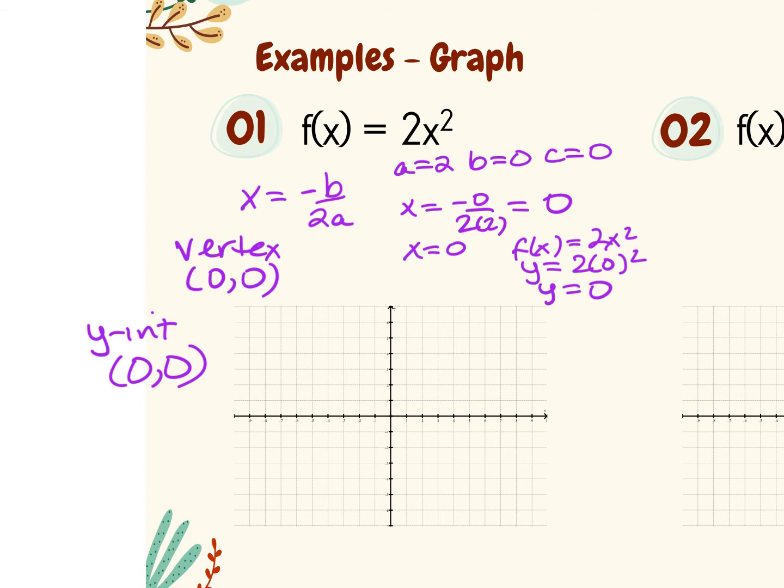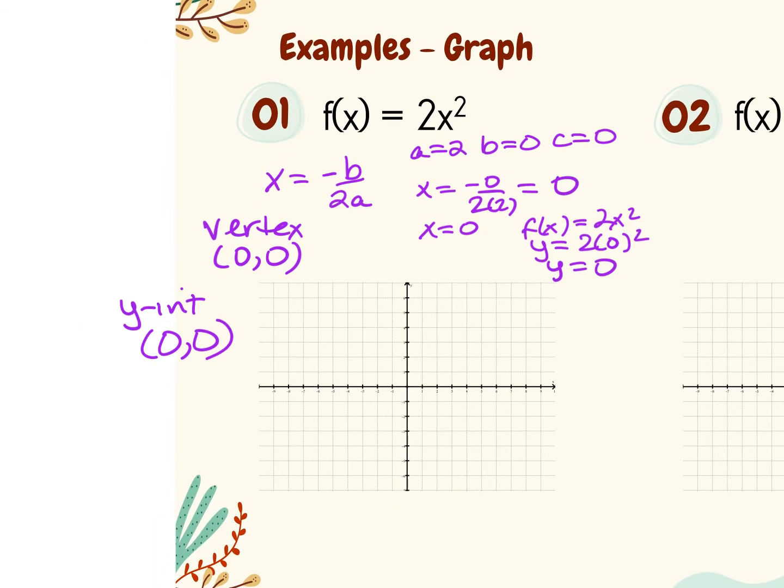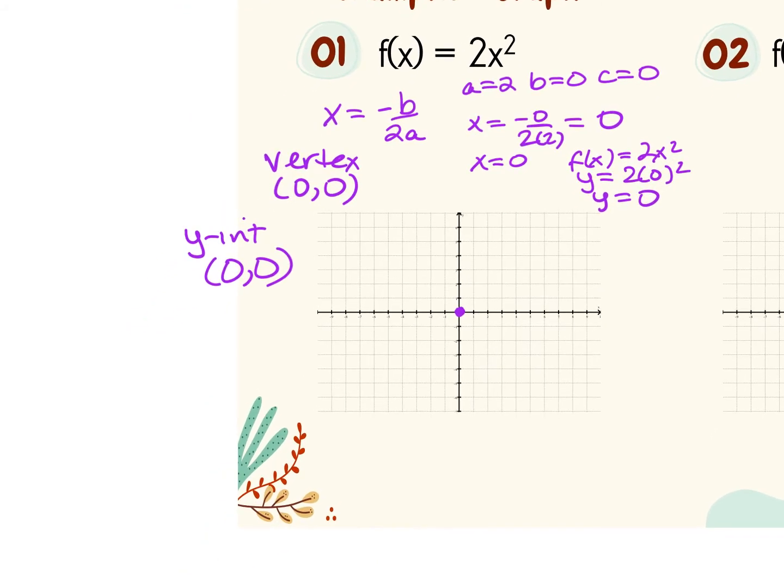Another way to find intercepts, remember we can plug in zeros. So far all I have is this, so to get my other additional points, I'm going to do a little table here. Normally, we can just find the x and y-intercepts, but in this particular case, my x-intercept and y-intercept are both the same as the vertex.